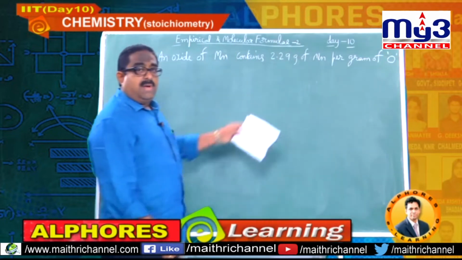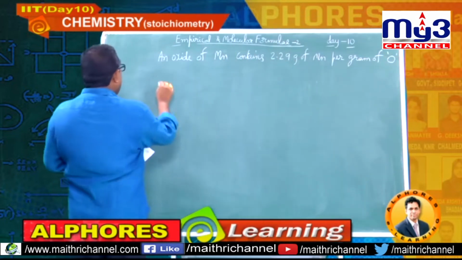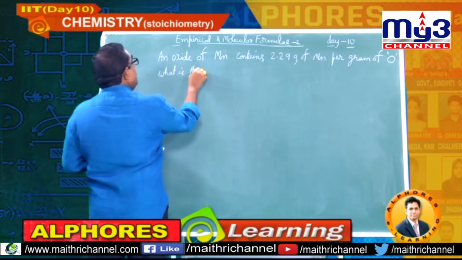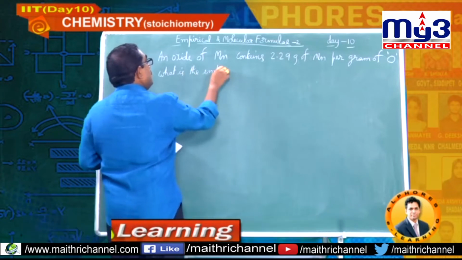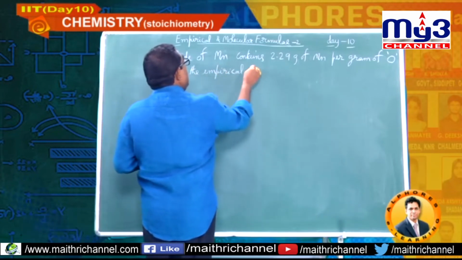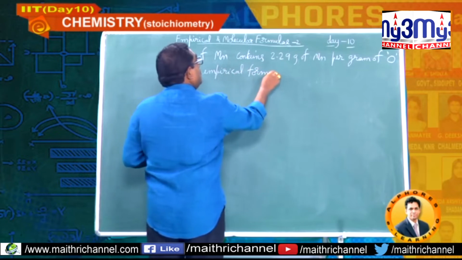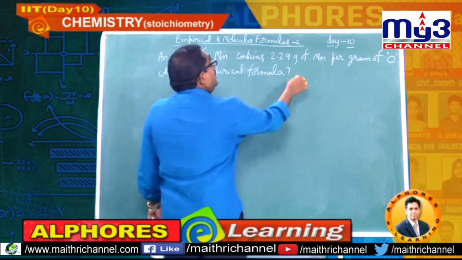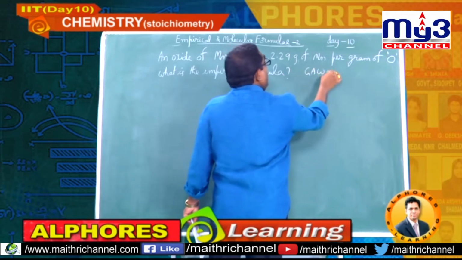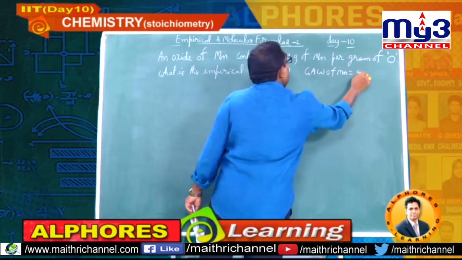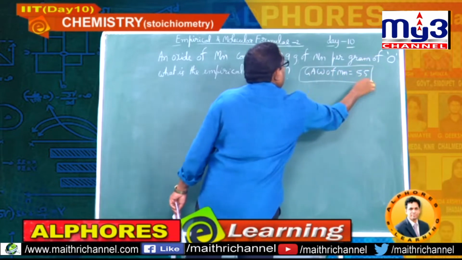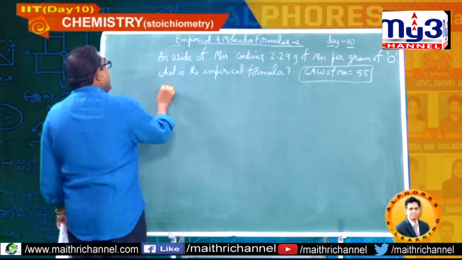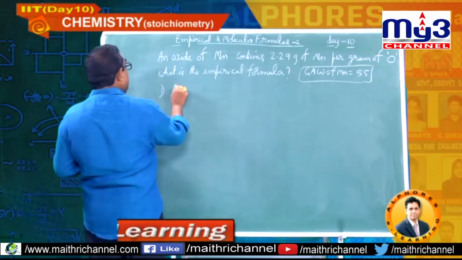I have written the symbol of the element oxygen. What is the empirical formula of the compound? Given, the atomic weight of manganese is 55. Okay, and I am also giving the options here.